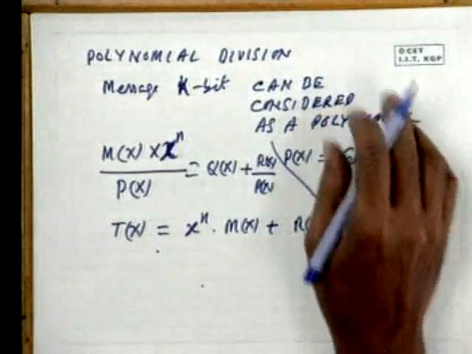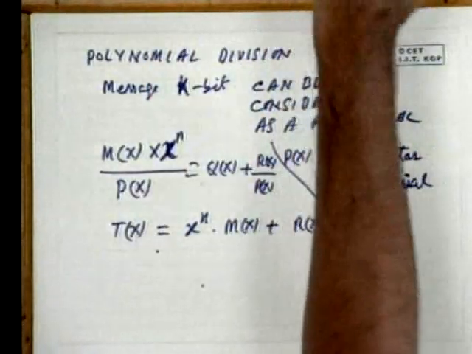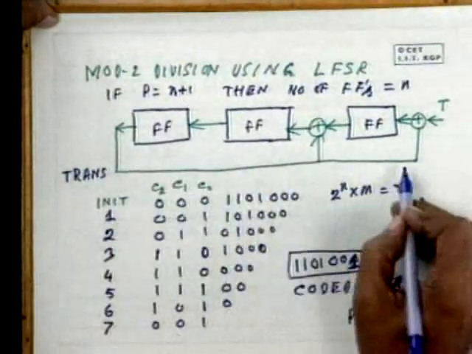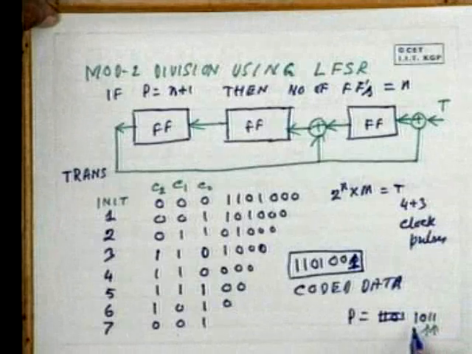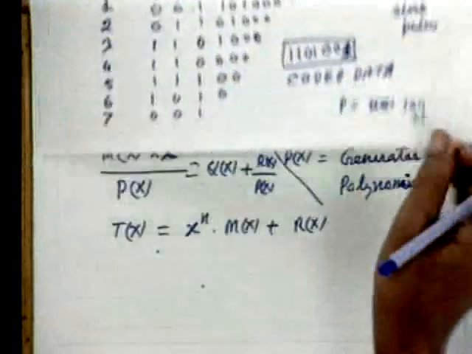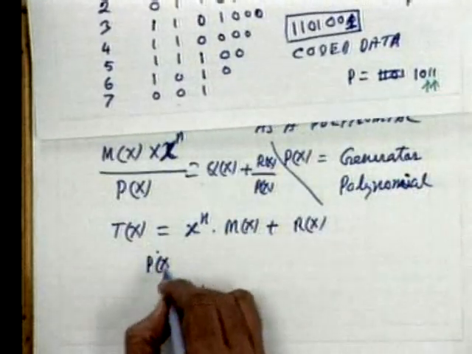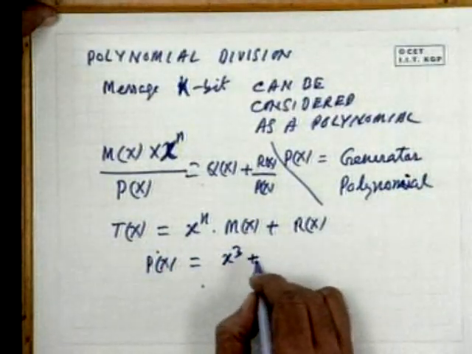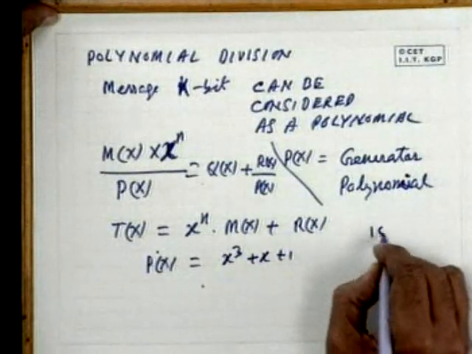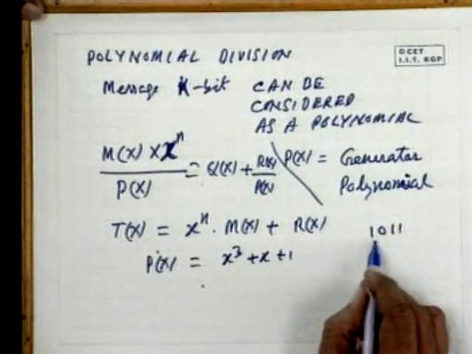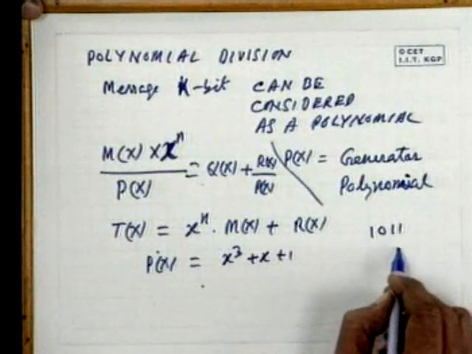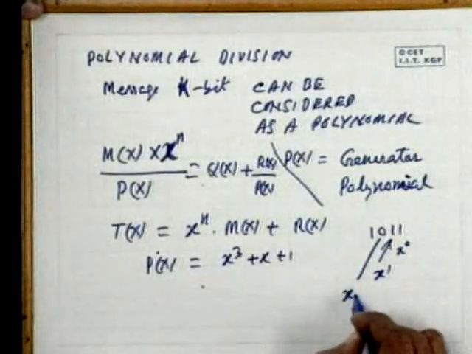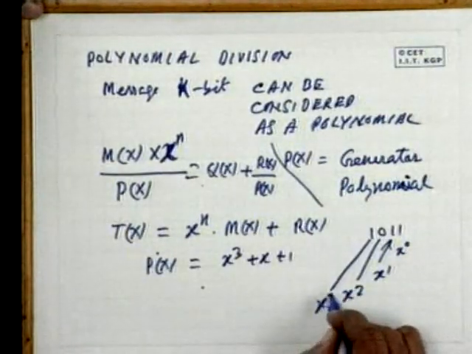For example, in this particular case, the generator polynomial P corresponding to 1011 can be represented as x to the power 3 plus x plus 1. That means 1011: this corresponds to bit x to the power 0, this to x to the power 1, this to x to the power 2, this to x to the power 3.